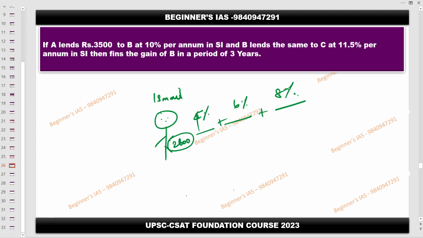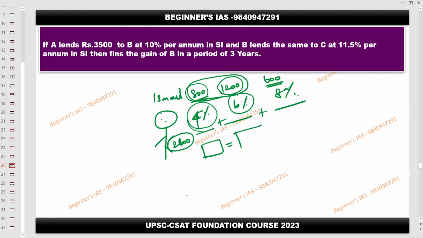But the question here is, at the end of the year, if the interest got in all three plans is the same, which means, suppose you are investing some money, let us take 800, then 1200, then 600. For this 800, at this rate of interest you will get some interest.